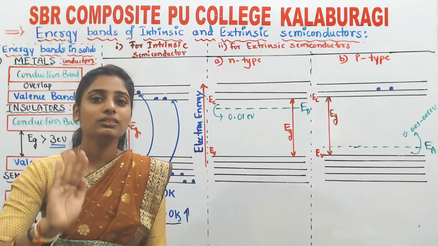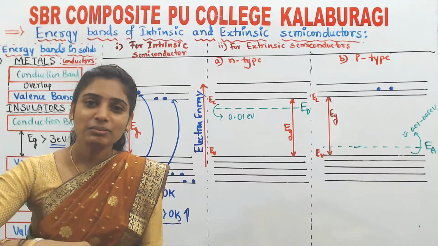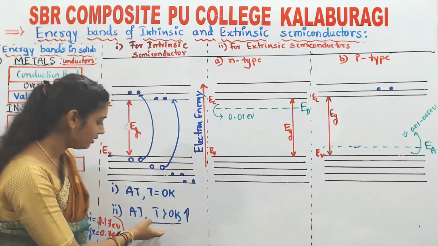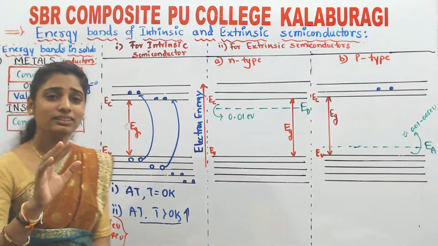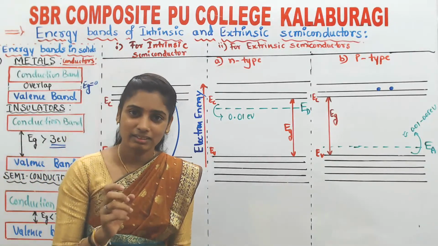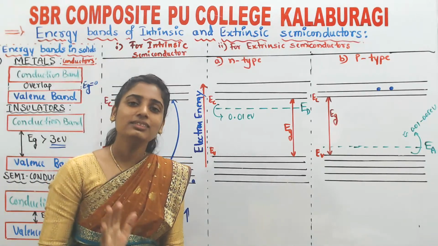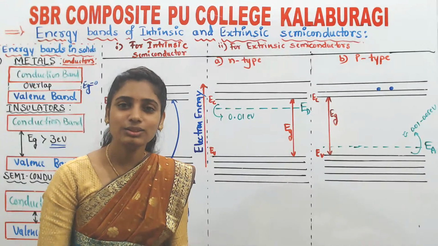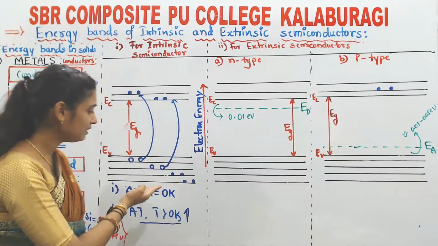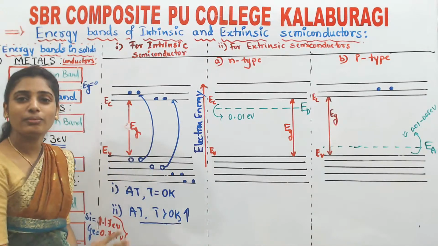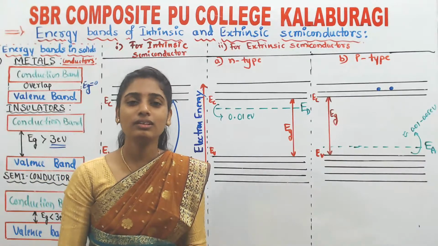At a temperature greater than 0 Kelvin, the electrons get the required thermal energy, which acts as excitation energy, so they are excited to the conduction band. If electrons are available in the conduction band, they will conduct.